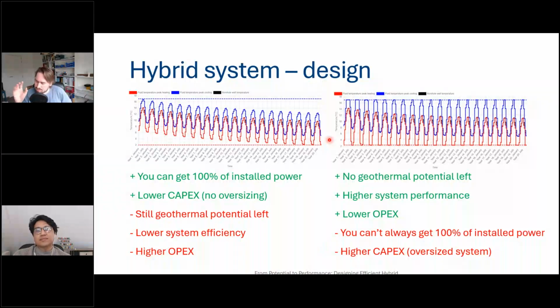If we say, well, I'm not worried about installing some more power if I can get more energy out of the ground, because we could exchange more energy, we can end up in the end with an extreme case like this, where year after year we are going to touch these limits. So what we are going to do is install, let's start with the heating, more power for a geothermal heat pump.